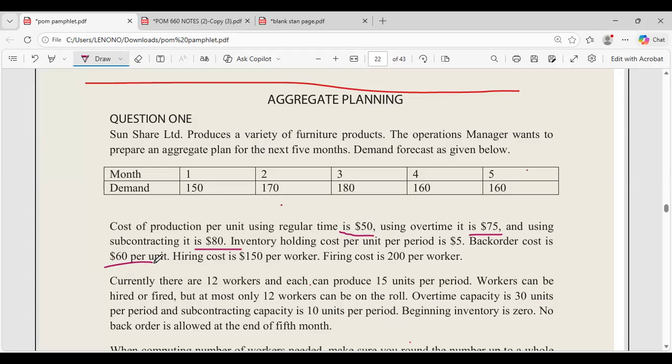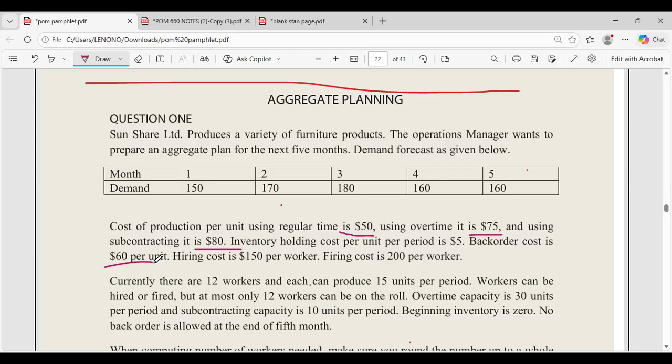The regular production you can't run away from. It's there, but the three provisions are overtime, subcontracting, and back order. So which one is cheaper among the three?